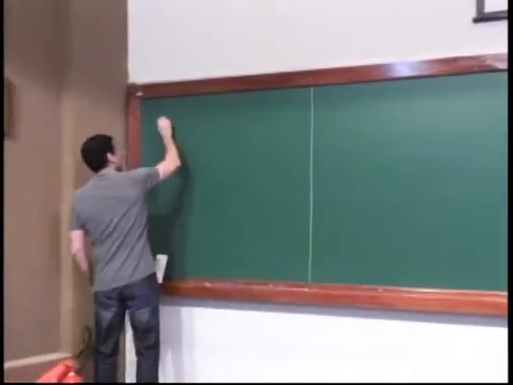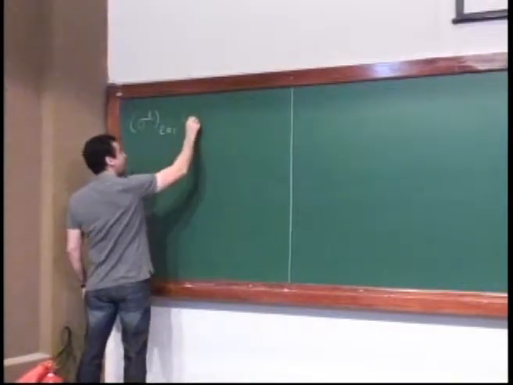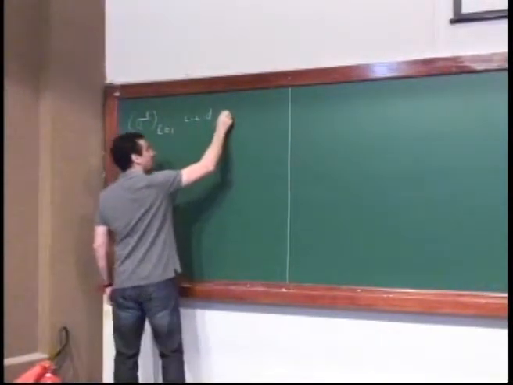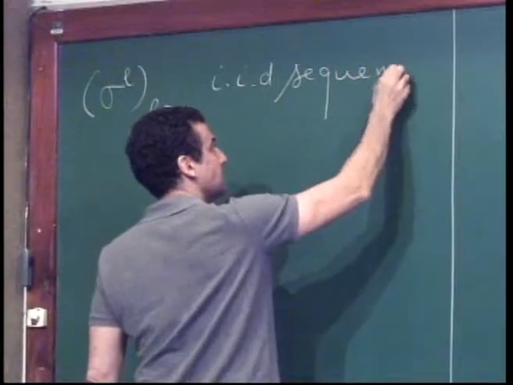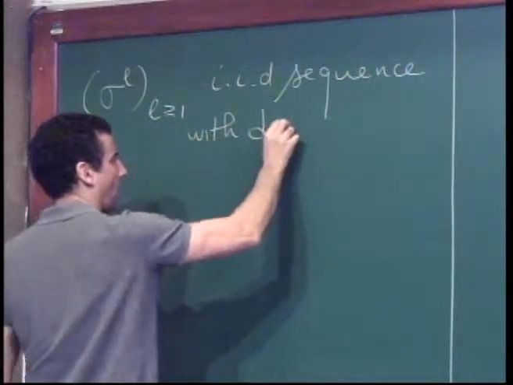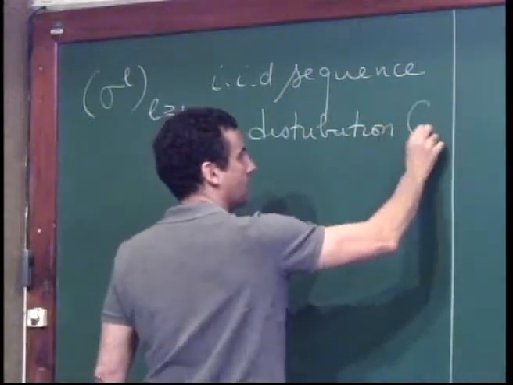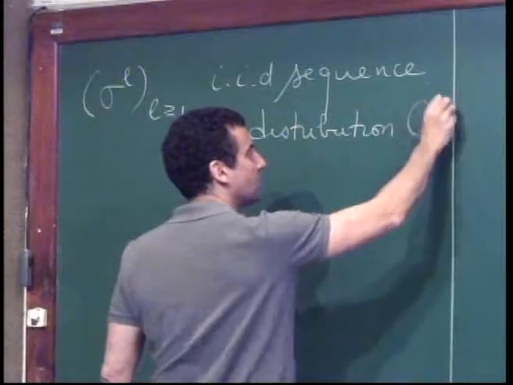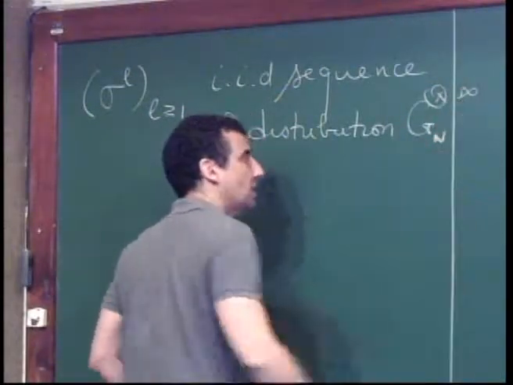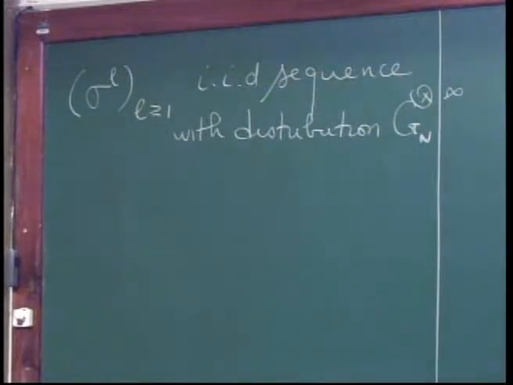So I take sigma^l, an IID sequence with distribution G_n. G_n was my Gibbs measure to the infinite. That is, you choose an IID sequence. Each replica is taken with distribution G_n.